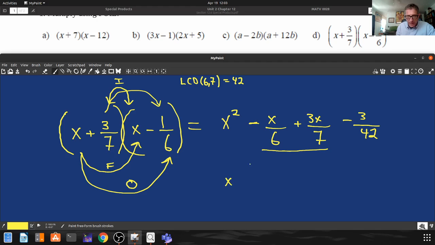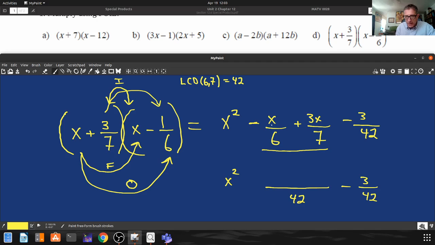So I'm just going to write minus x over 6 plus 3x over 7 is going to be over a common denominator of 42, and then minus 3/42.